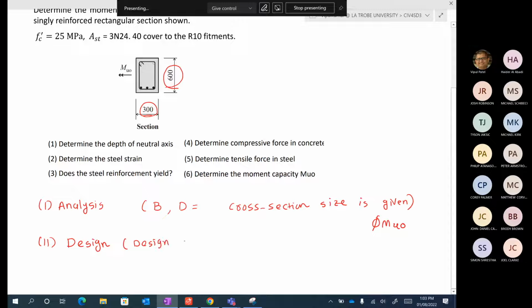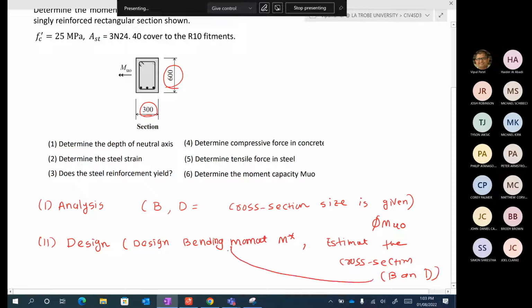where they give you the design bending moment, M star, and then you estimate the cross section size. How much B and D is required to carry this M star value?